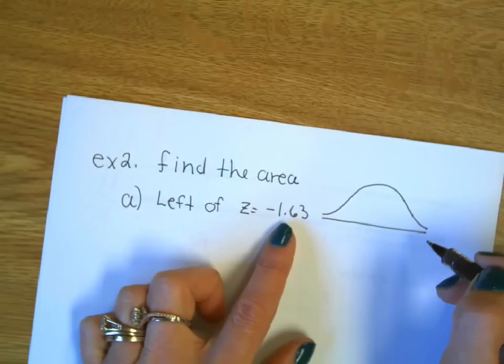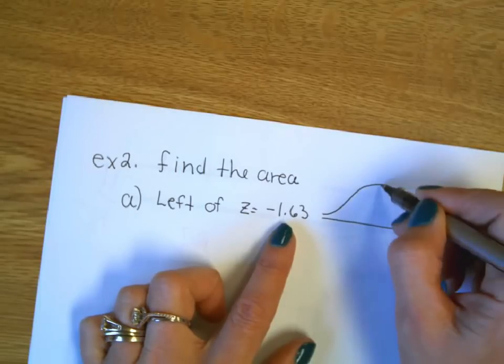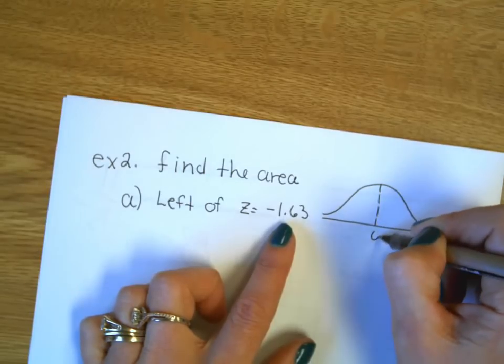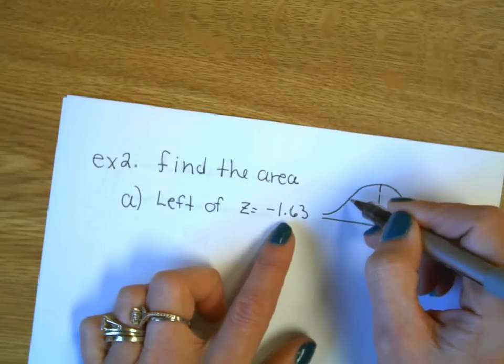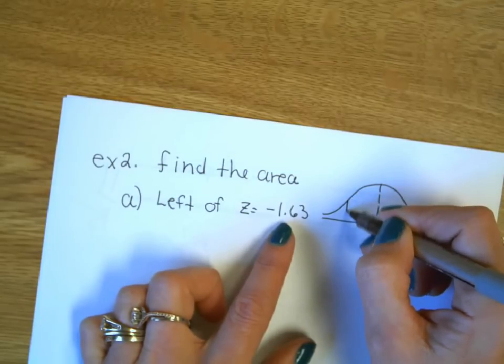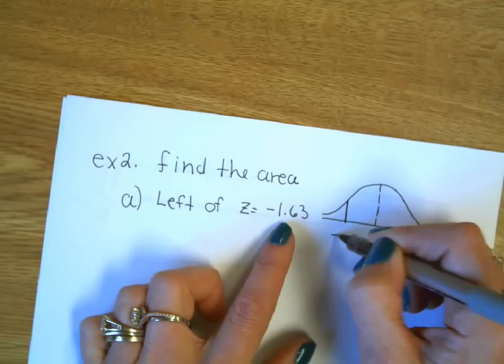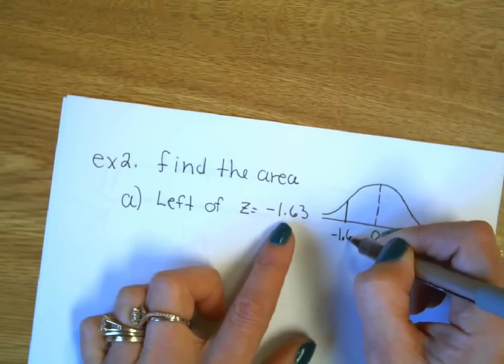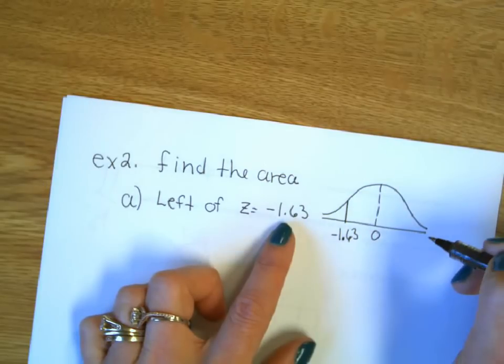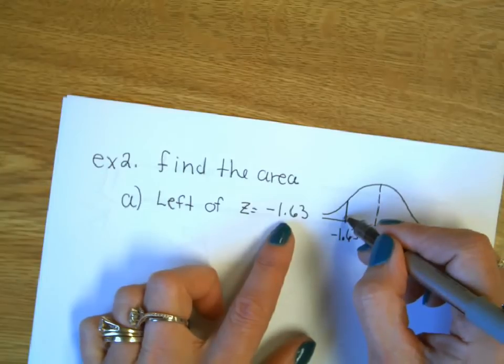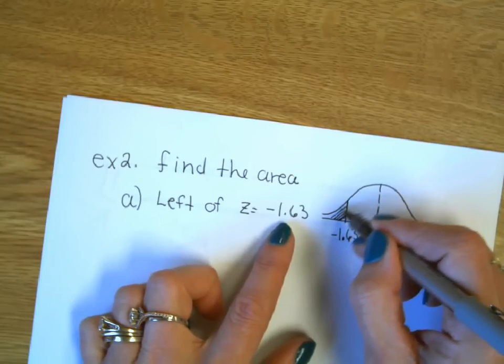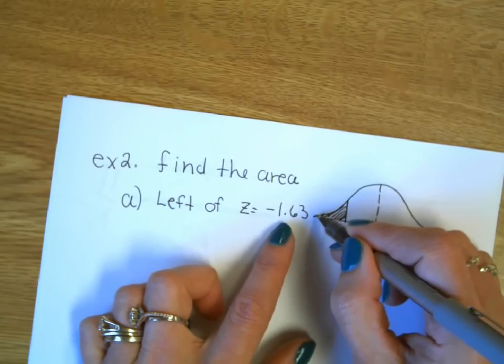Where's the 0 z-score at again? Right down the middle. So a negative 1.6, and you're just estimating, say about here. This is negative 1.63, my best estimate of it. And I'm asking for how much area is there to the left of it, all of this back here into the tail.